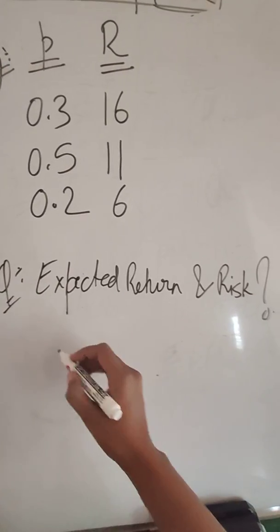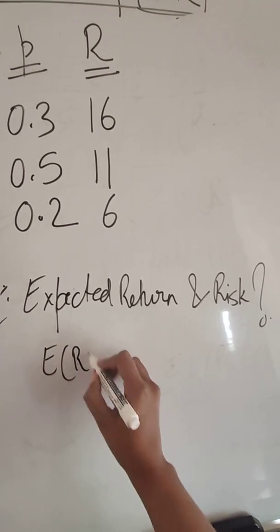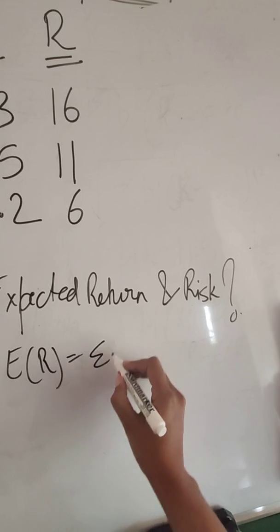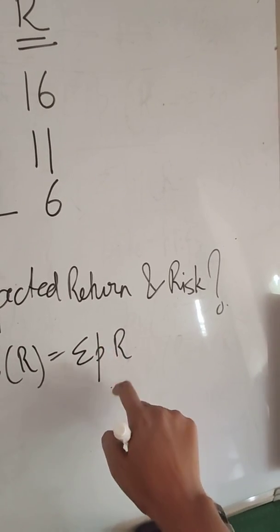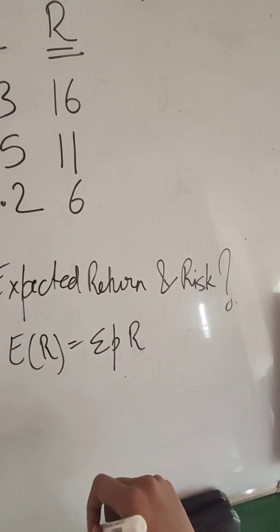Now how will you calculate it? First of all, we'll calculate our normal expected return, which is sigma PiRi, or sigma probability into R, which is return.